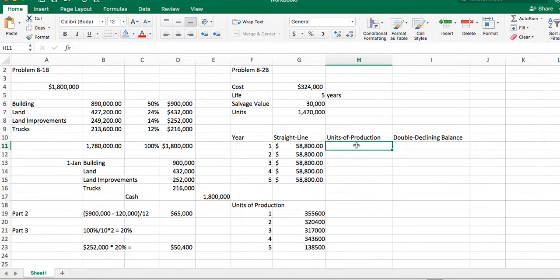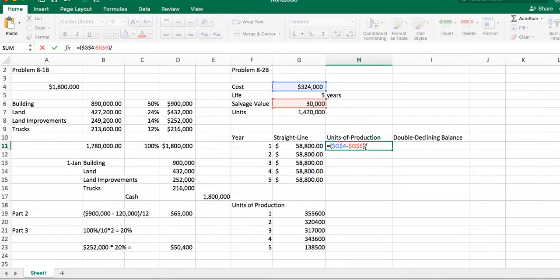To do units of production, what we do is, first of all, we have to figure out what the cost is per unit. So we take our purchase price minus our salvage value, because we know we're going to have that left over at the end of the life. I'm going to go ahead and make these absolute by hitting my F4 key.